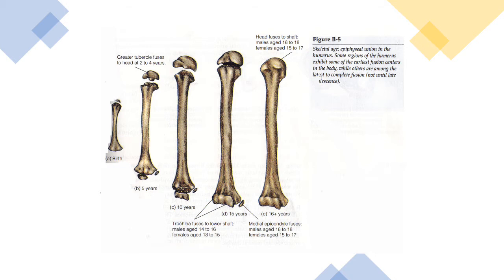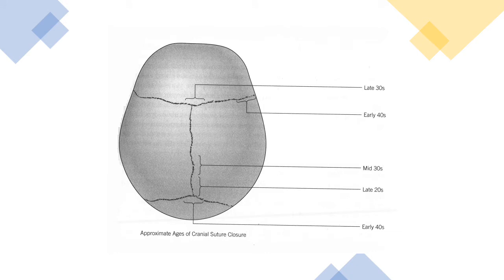For older individuals, you can look at the sutures in the cranium. The skull actually is not a single bone, but is made up of several major components as well as a number of minor ones. You can see the frontal bone there at the top.